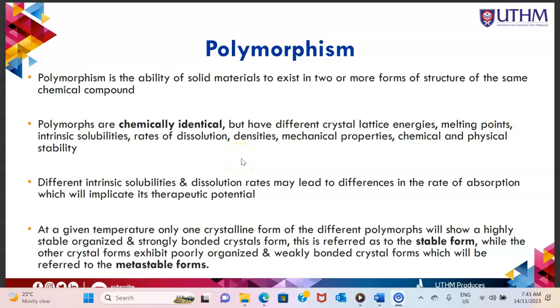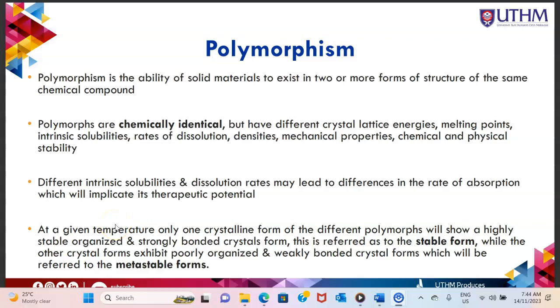The polymorphs are chemically identical, but they have different arrangements of the crystal lattice. Hence, they have different energy. They have different melting points, solubilities, and many others. The different intrinsic solubility and dissolution rates may lead to different absorption, which implicates the therapeutic potential.